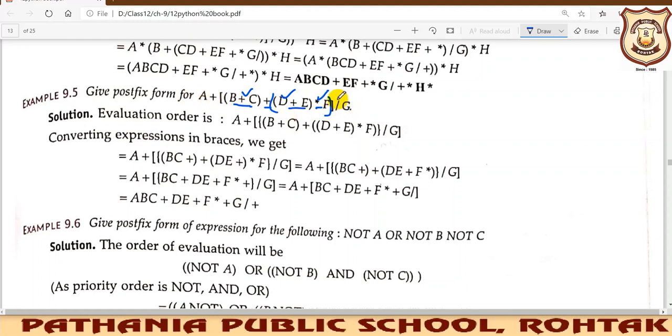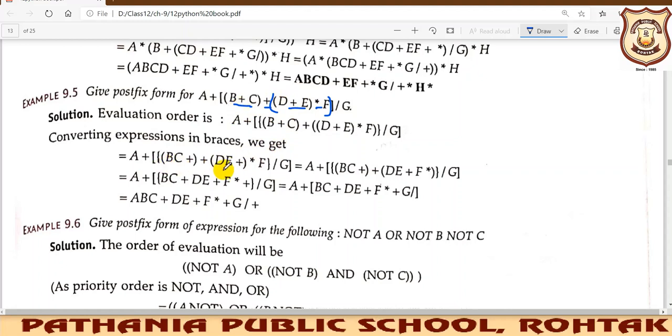Because you have seen that this particular operator has more precedence power. So I hope the concept is clear. Let us start doing it. Firstly we will be solving the inner brackets. So B plus C will become BC plus, D plus E will become DE plus.